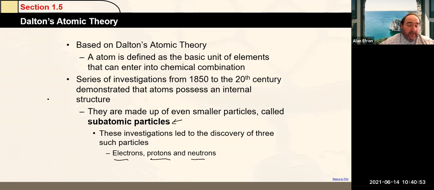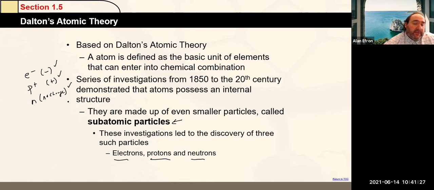Just a reminder, electrons are negatively charged particles, protons are positively charged particles, and neutrons have no charge. So what we're going to talk about now is the investigation and some of the important experiments that help us understand some properties of these different subatomic particles, and where they are in the atom as a result of these experiments.